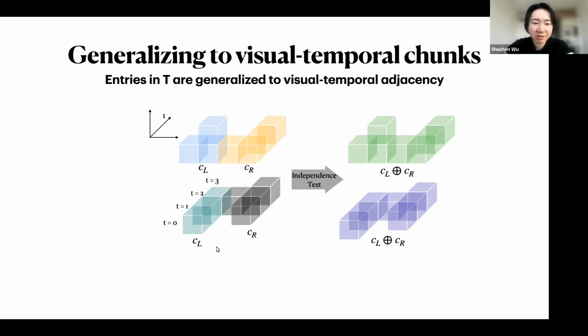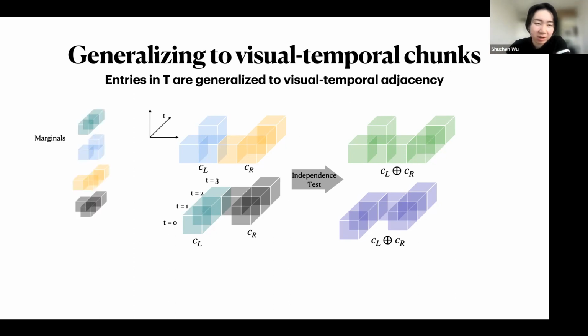So the chunks basically become these three-dimensional objects, and then you use a similar grouping principle: when an object occurs next to another object, either in space or time, you group them together as a unit.